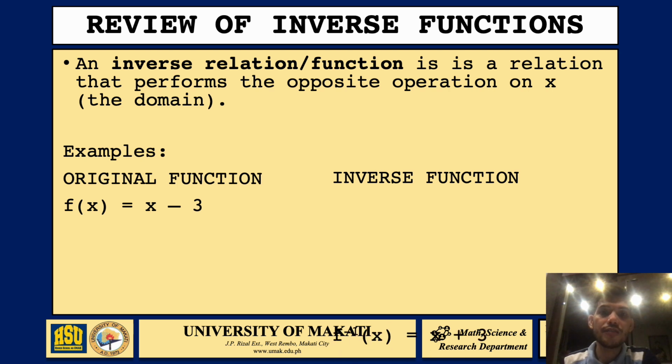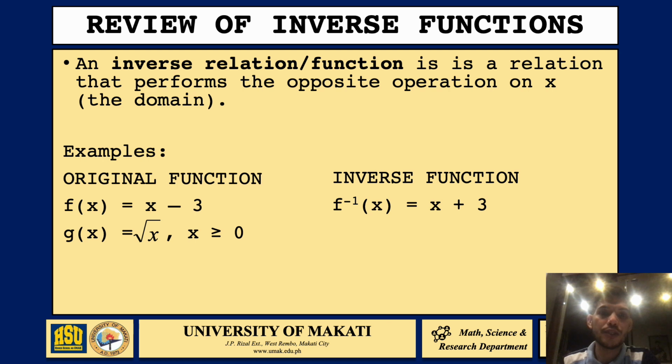Its inverse function is f raised to negative 1 of x equals x plus 3. As you can see, the operation of the original function becomes the opposite, from subtraction to addition.